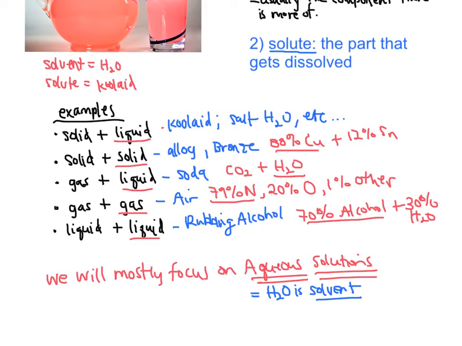In this class, we are going to mostly focus on aqueous solutions. So that's going to be the kind of solutions that we're going to deal with. And of course, an aqueous solution, if you remember, is water acting as your solvent. And we can have various solutes. Some of them will be solids, some will be gases, and some will be liquids.